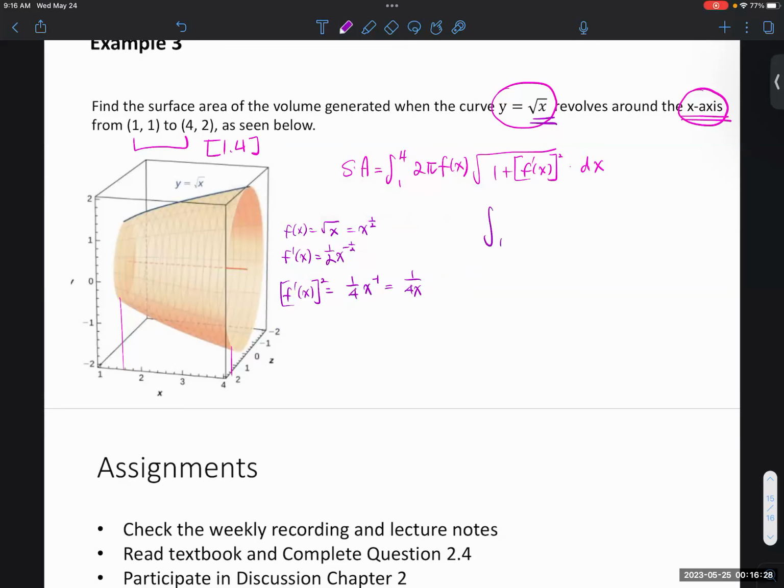So now from 1 to 4, 2 pi. I'm going to bring 2 pi to the front. And then f of x, we have x to the 1 over 2, which means radical x. And then we found this part, 1 over 4x dx. We did a similar question, don't you remember? Then I'm going to combine these two: 2 pi, from 1 to 4, the entire radical, x times 1 plus 1 over 4x dx.